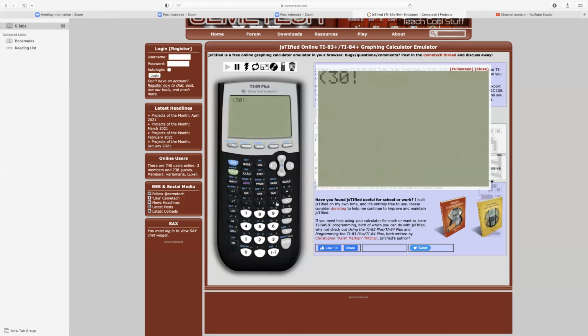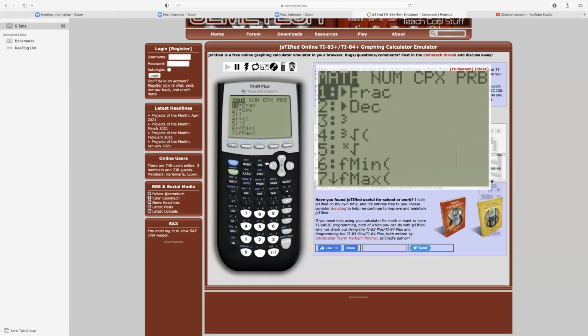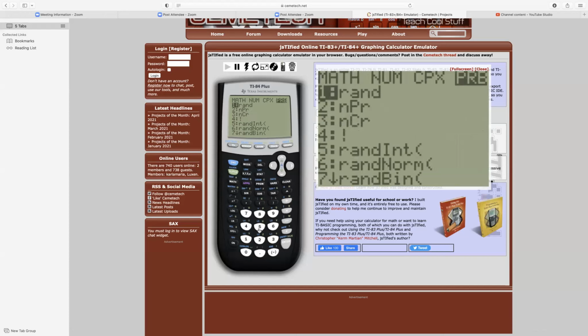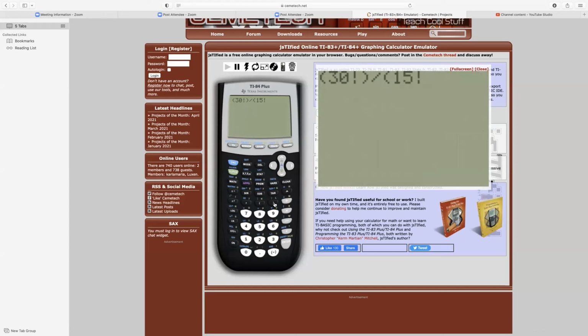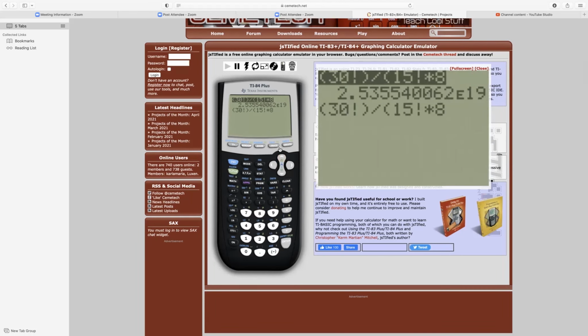So you choose that, close it, divide by, and now you put the values: 15 factorial, that's number 4, 15 factorial times 8 factorial. Let me see if I can copy that. I can't. Okay, let me see if I can erase the one on the top now. Clear?